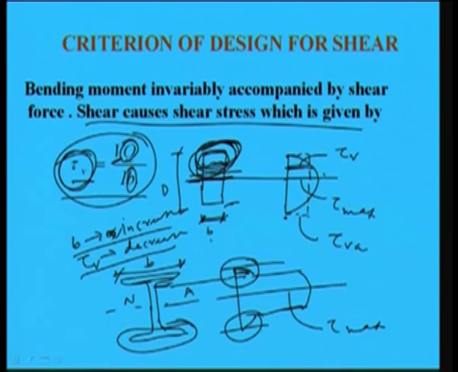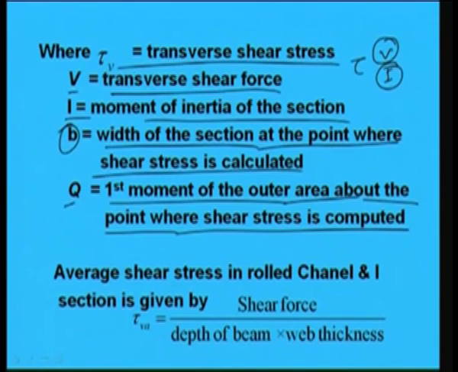That is why maximum stress is developing at the center, right, where we get the maximum area of the section from the outer portion. That is why we have to remember that Q is the first moment of the outer area about the point where shear stress is computed, right. So, in this way I can find out tau V. Okay, tau V is the developed shear stress.